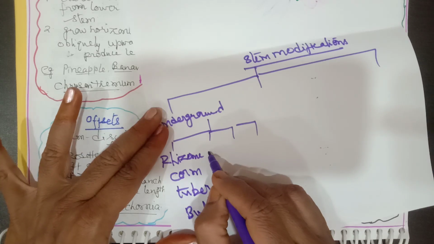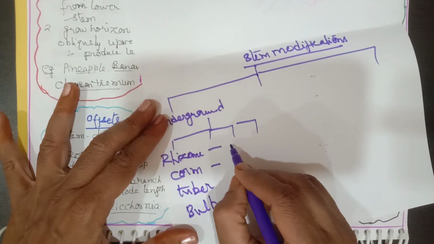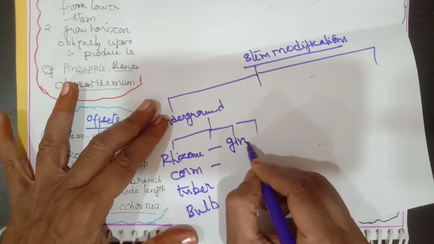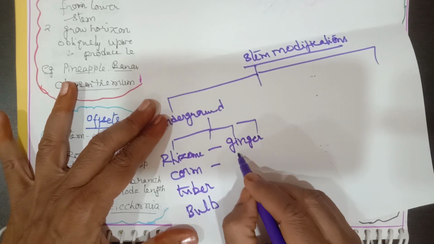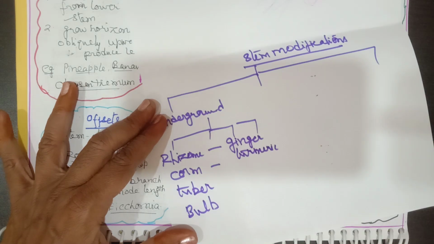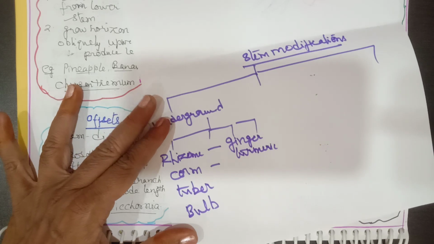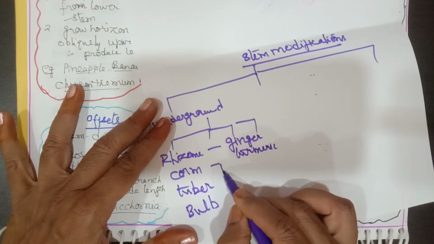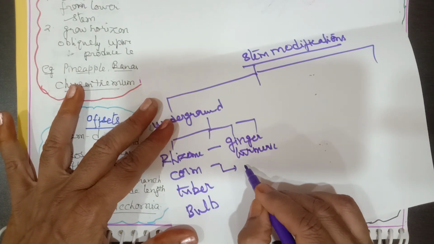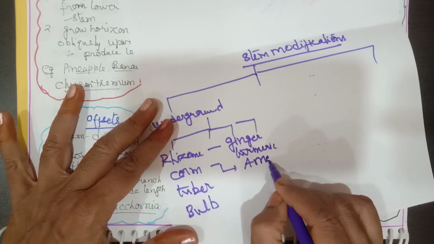Then write the example against it. What is the example of rhizome? We have done ginger and turmeric, that is the stem we have done. And then corm, the examples we have done are colocasia and amorphophallus.